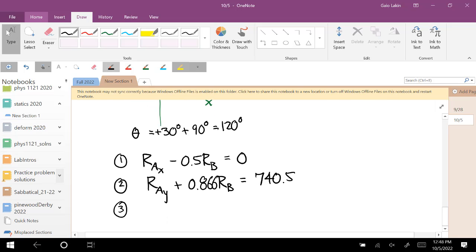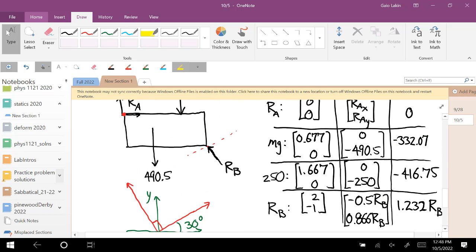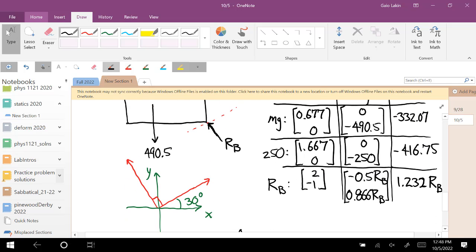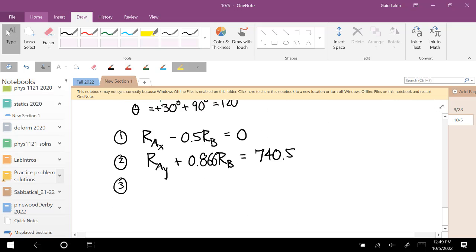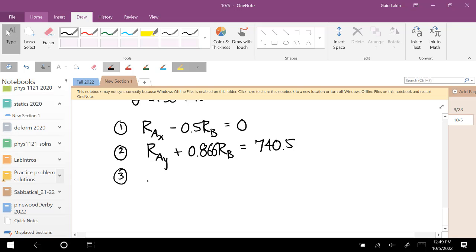And then the moment equation says 1.232 RB is equal to the sum of those two, but positive. So 1.232 RB is equal to positive 748.82.